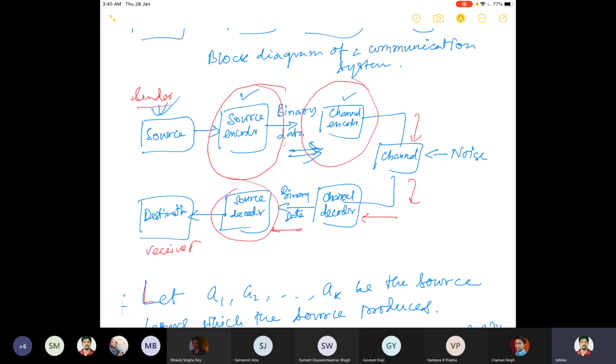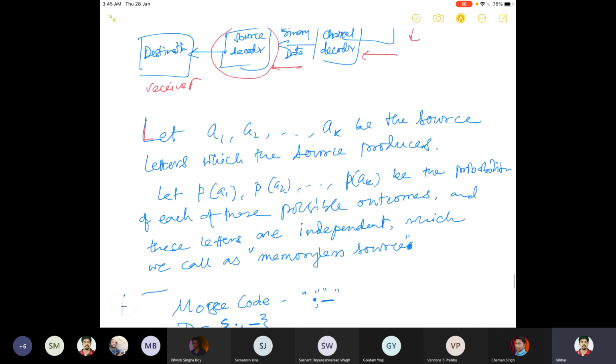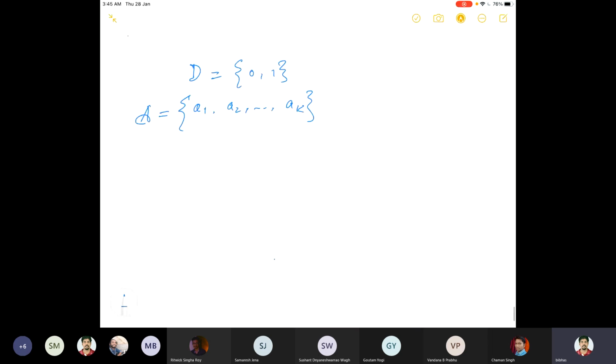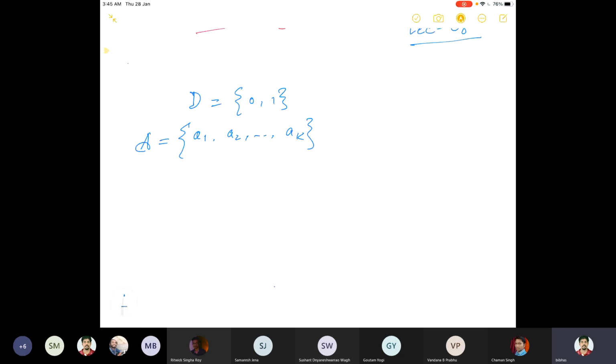That means once a sequence of symbols, say A1, A2, ..., is generated, how do we convert it into strings of 0s and 1s? First we need to decide the string of 0s and 1s corresponding to each of these symbols A1, A2, ..., AK. And we said there could be two schemes.